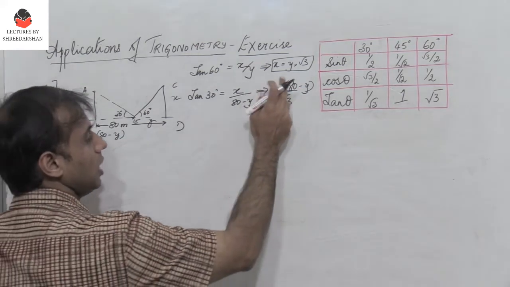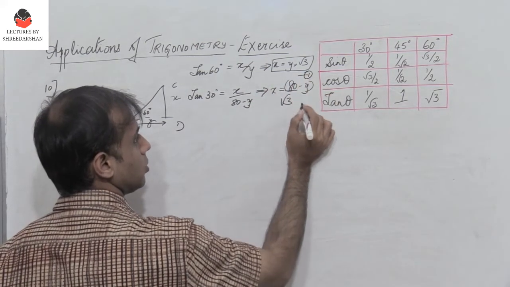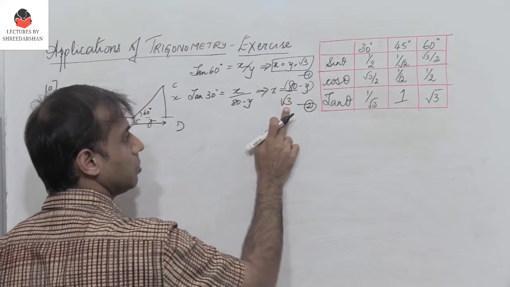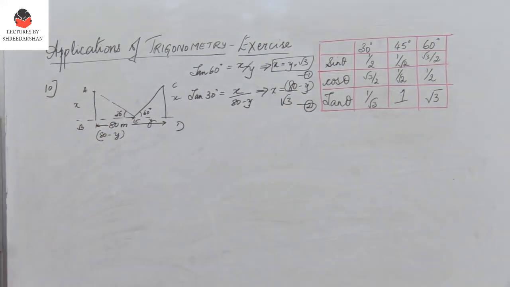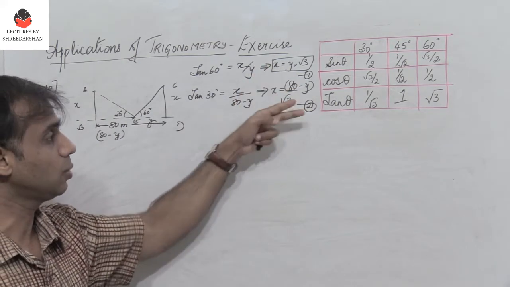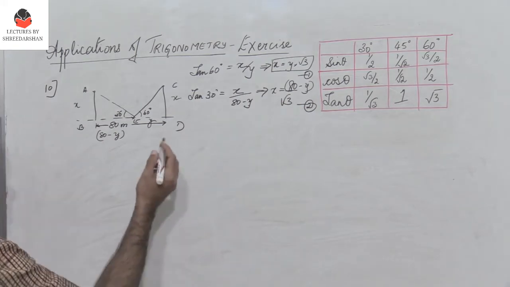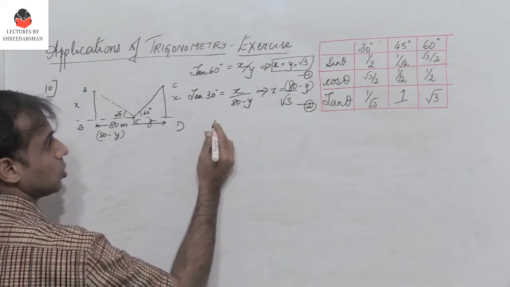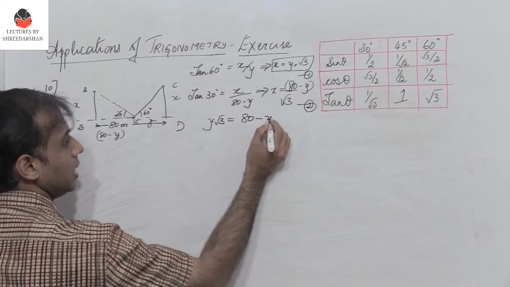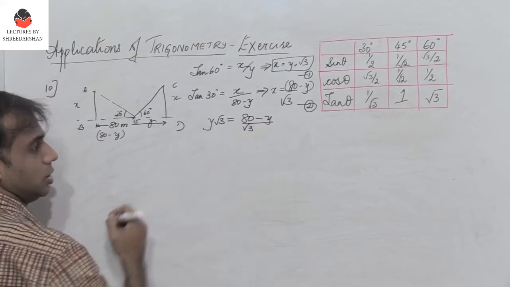So here I have x equals y into root 3, which is equation 1. And here I have x equals 80 minus y divided by root 3, which is equation 2. If I consider equations 1 and 2, the LHS is the same, which is x, so I can equate the RHS. Equating the RHS of equations 1 and 2, I have y root 3 equals 80 minus y divided by root 3.